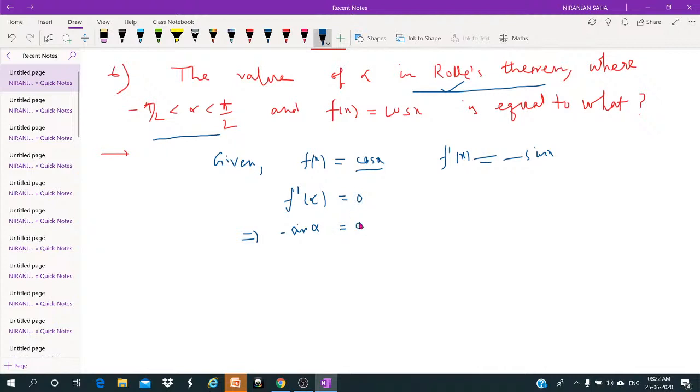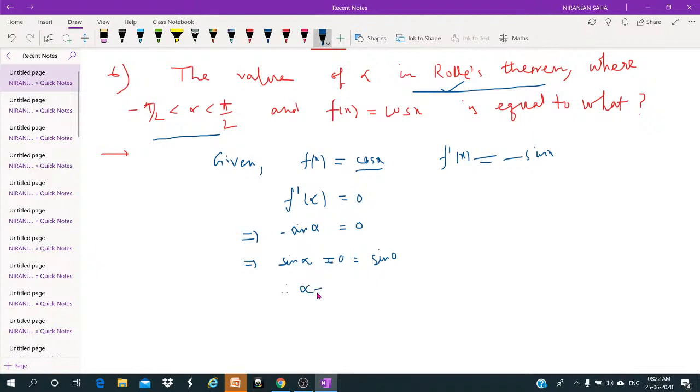So we will get that sin alpha is 0. At which point is sin alpha 0? At sin 0 degrees, and we have to take the value from minus pi by 2 to pi by 2. So sin 0 gives us 0. So we will have alpha equal to 0.